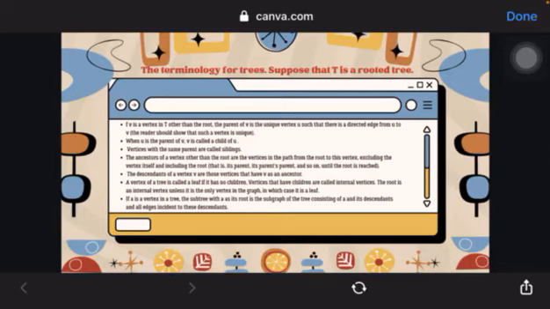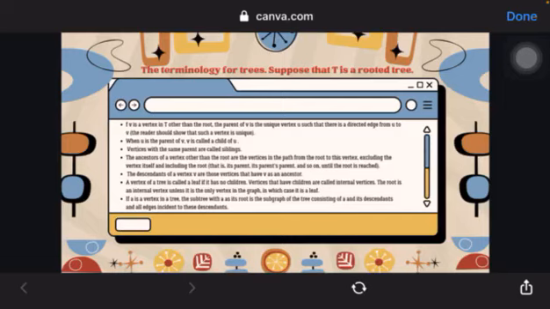Vertices with the same parent are called siblings. The ancestors of a vertex other than the root are the vertices in the path from the root to this vertex, including the vertex itself and including the root. The descendants of a vertex v are those vertices that have v as an ancestor.